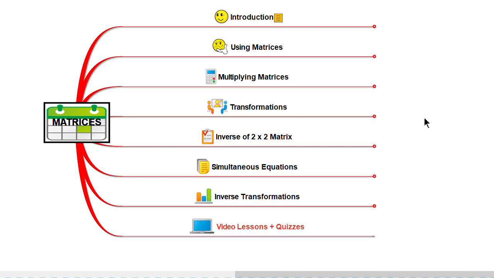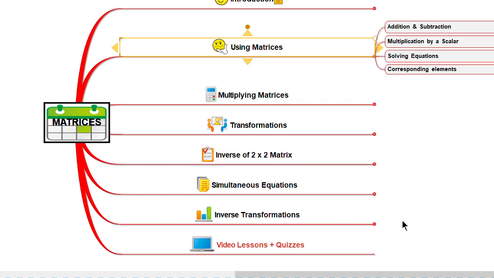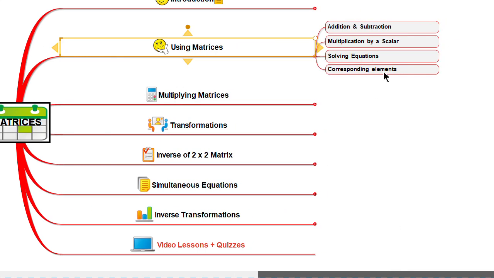Now, how can you create a mind map on the topic of matrices? Well, you go to your textbook, you open the chapter on matrices, you identify the headings and subheadings. Here I've identified the headings: introduction, using matrices, multiplying matrices, and then I use the subheadings. For example, using matrices, we have the subheadings, addition and subtraction, multiplication by a scalar quantity, solving equations using matrices, adding and subtracting matrices using corresponding elements, and so on.